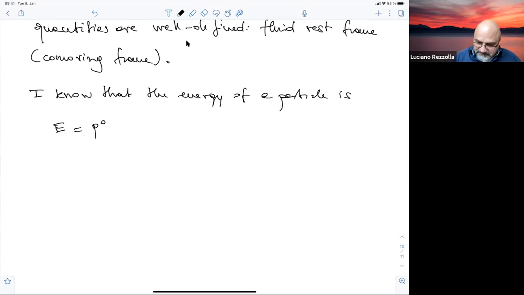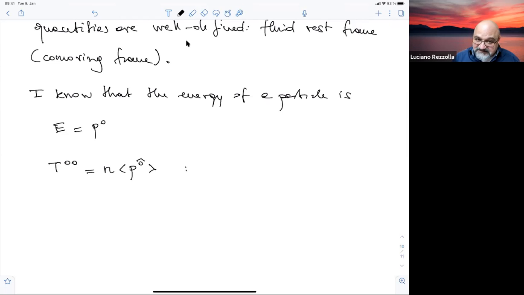So if I have many particles, I can think that T naught naught will be equal to the number density times an average of all the energies of all the particles. Okay, why do I need a number density?